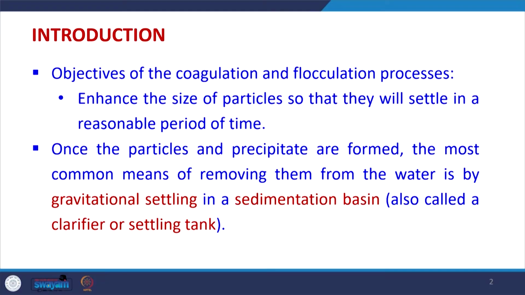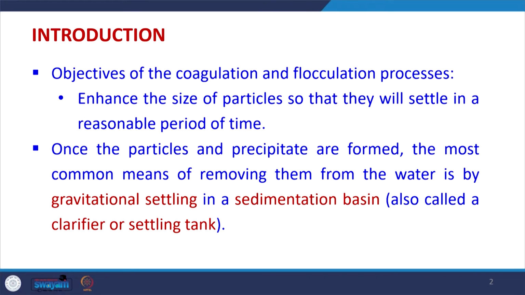The objective of the coagulation and flocculation process was to enhance the size of the particles, so that they will settle in a reasonable period of time. Once that objective has been reached, we have to see that we are able to remove most of the settleable solids which are there in the water, by gravitational settling in a sedimentation basin. So, that is one of the first objectives for settling.